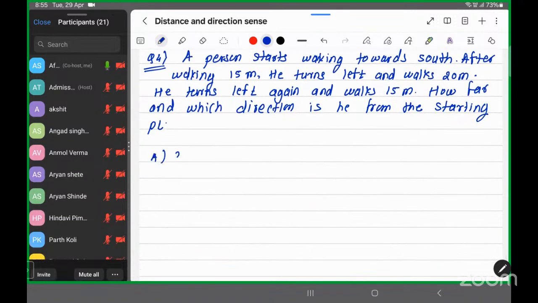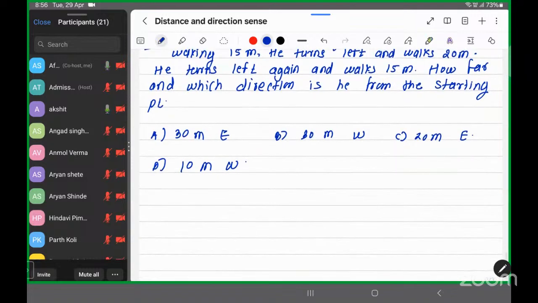Option A 30 meter east, option B 30 meter west, 20 meter east, 10 meter west. C option, sir.